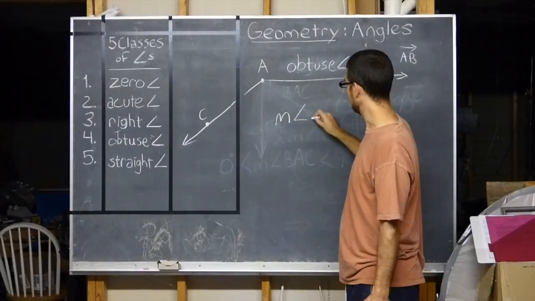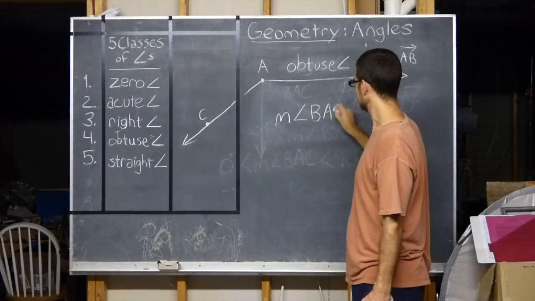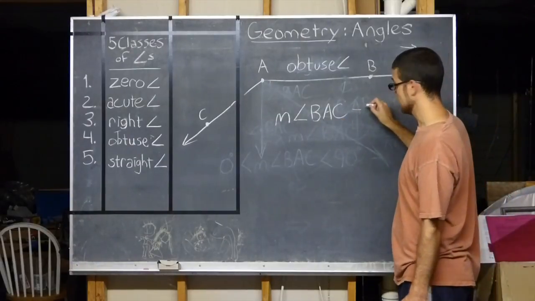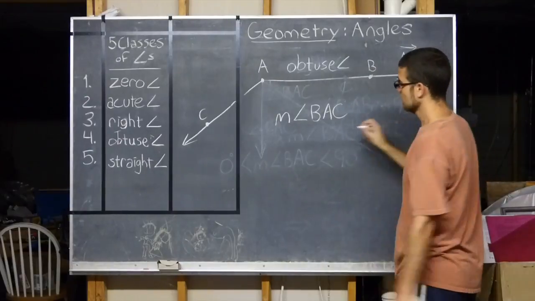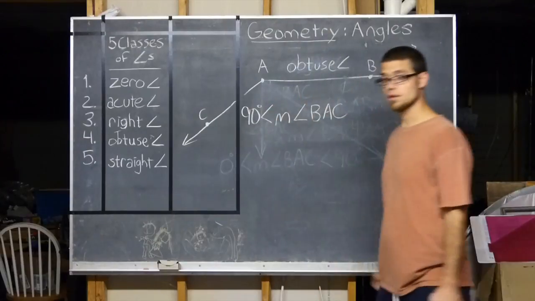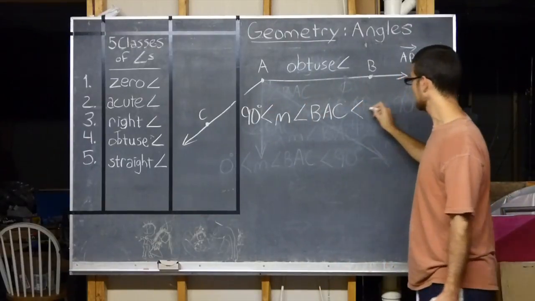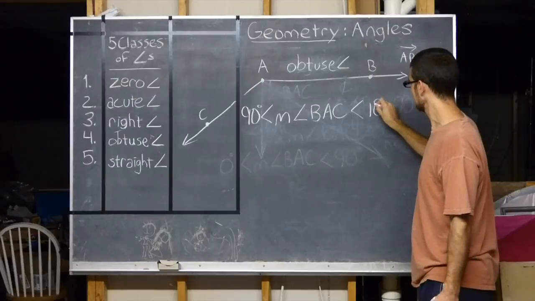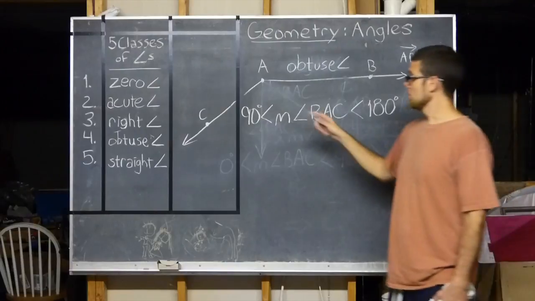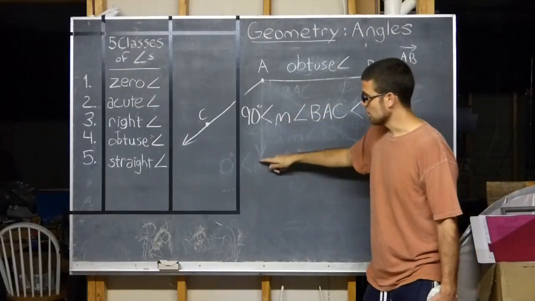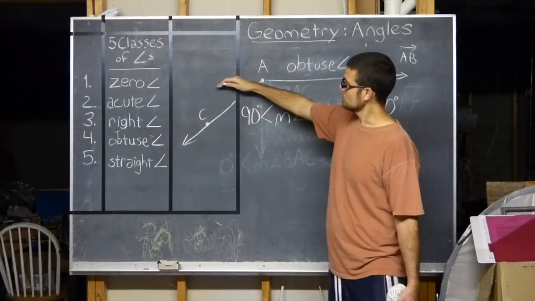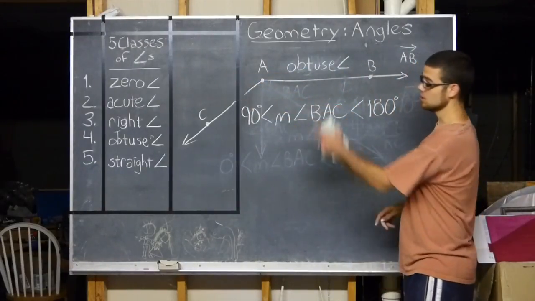The measure of angle BAC, the vertex in the middle, is greater than 90 degrees, but it must be less than 180 degrees. It has gone beyond a square angle. It is greater than 90 degrees, but we haven't reached 180 degrees, so it's an obtuse angle.